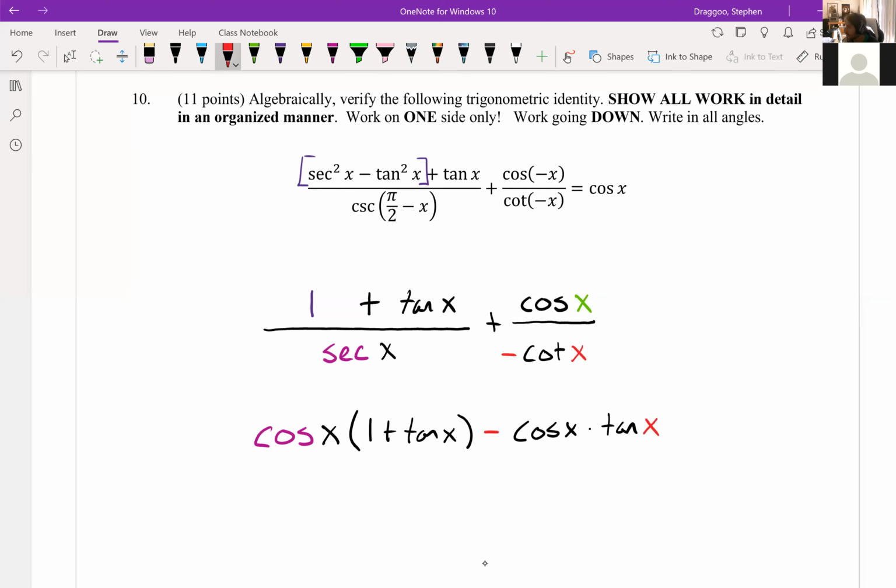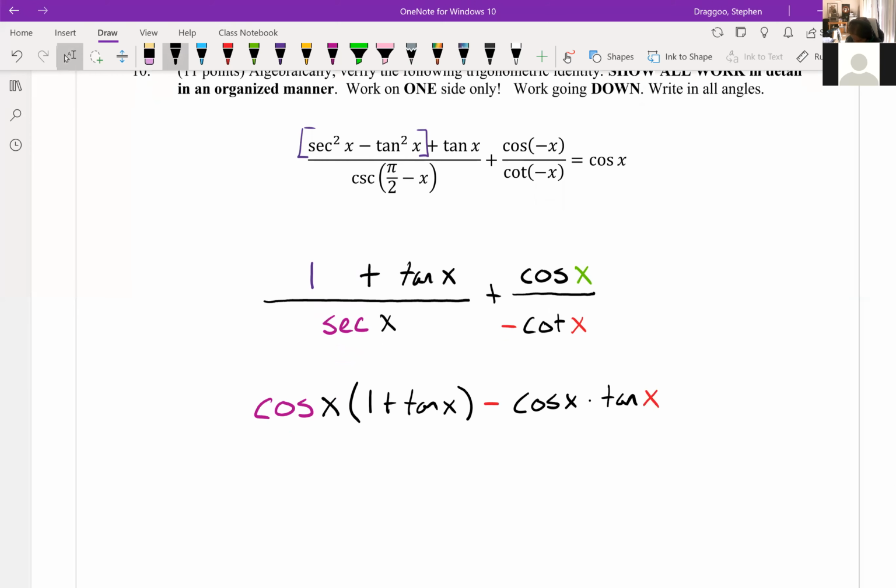Right, so that cotangent in the denominator would be the same as bringing a tangent up to the numerator. Since tangent and cotangent are reciprocals of one another, then in this step, I should be able to multiply that cosine all the way through.